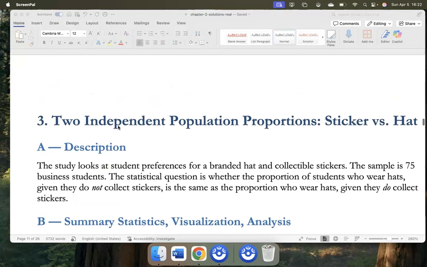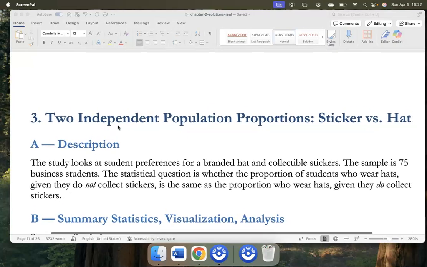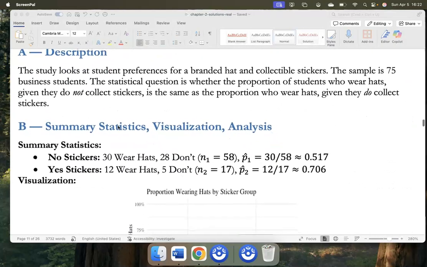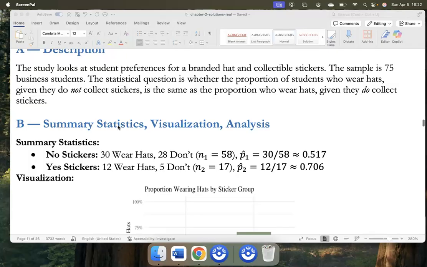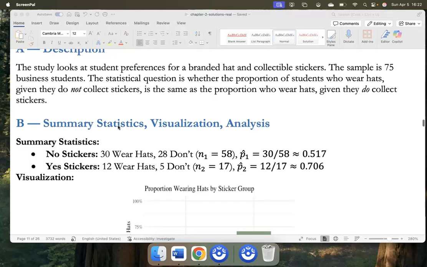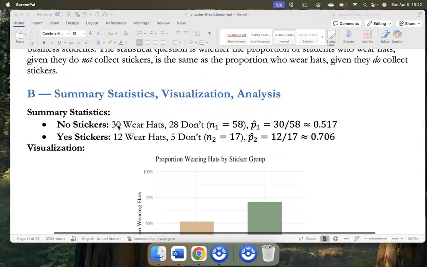That's very different from the two independent population means as well as paired t-tests. Both of those techniques required some level of quantitative variable being involved, whereas in this situation, both variables have to be categorical binary.